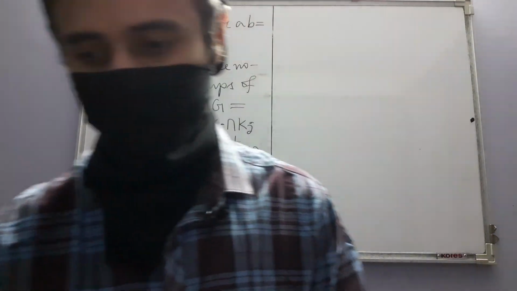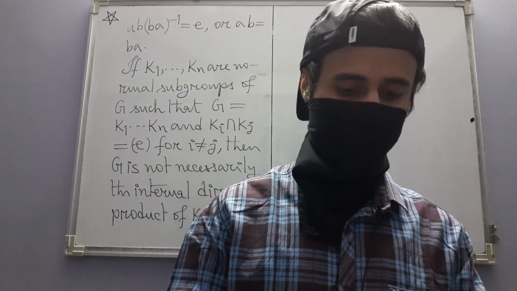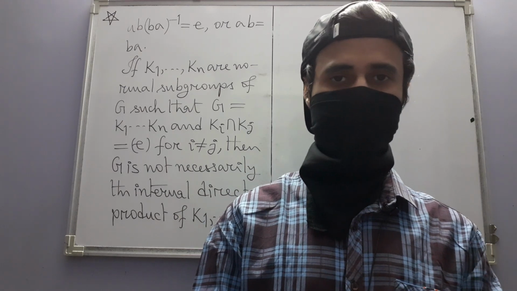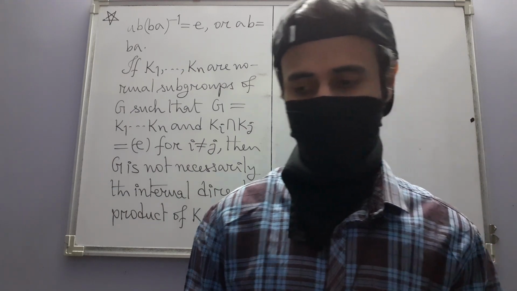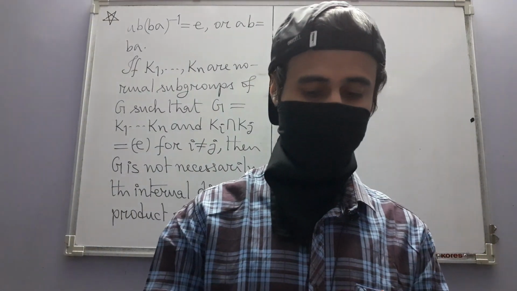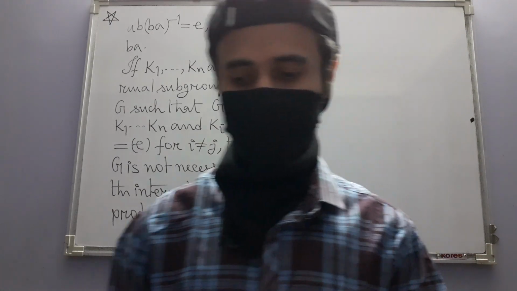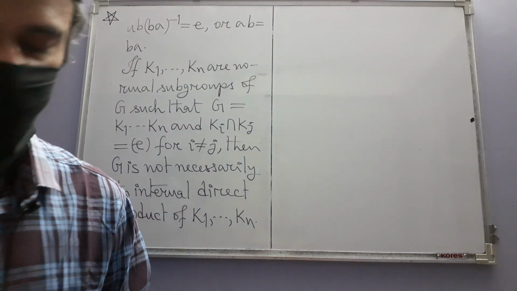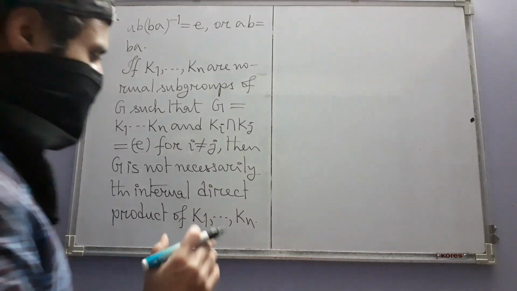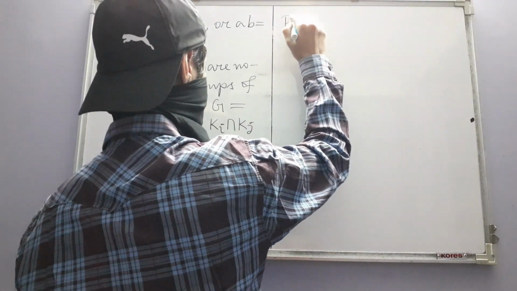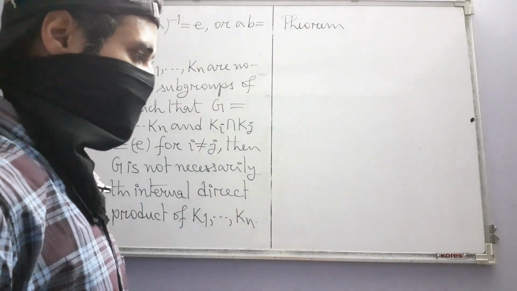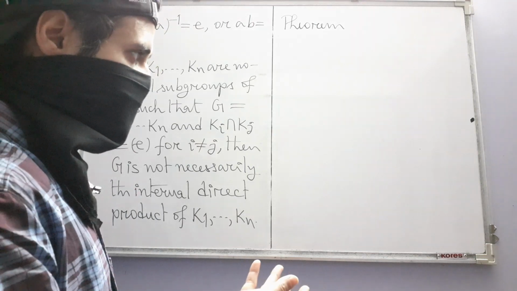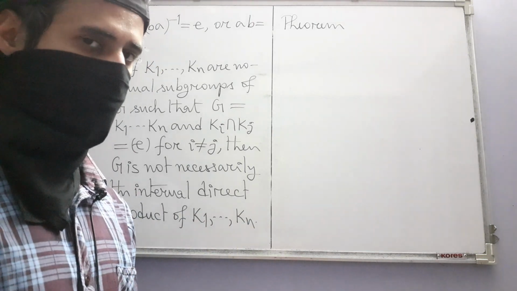Instead, I post them in the community section. There are reasons for doing it, and one of them is that in a single community post I can post many solutions, but in a video, due to its length constraint, I can post only a few. But anyway, let us now start the theorem. And once this section is over, there will be only one more, namely finite abelian groups. With that, group theory will be over.